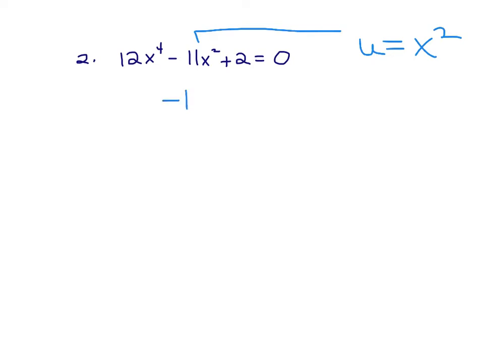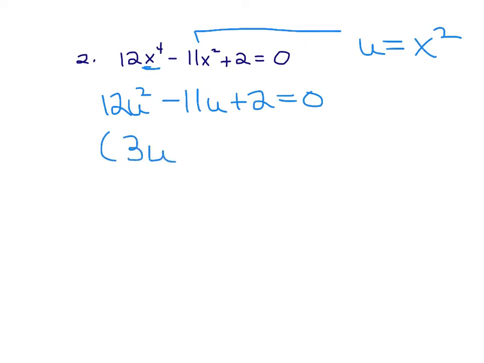So this will become a negative 11u. I'll rewrite this. And then I'm going to also replace the x to the fourth with u squared. And now I have something that's factorable or more manageable. So the factors of 12 will be 3 times 4, and the factors of 2 are negative 2, negative 1.